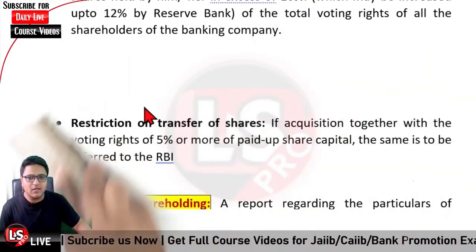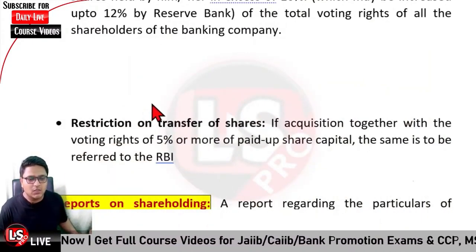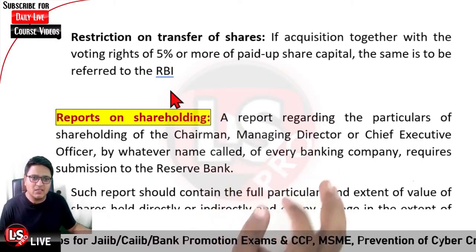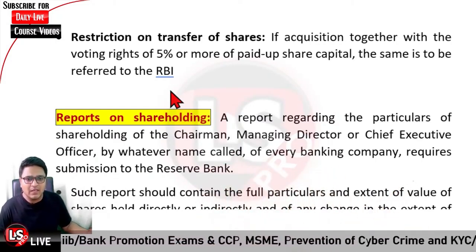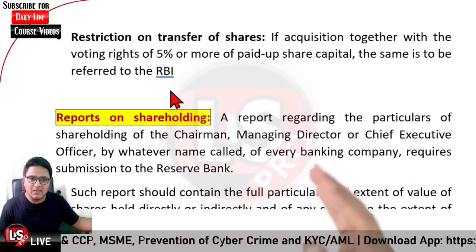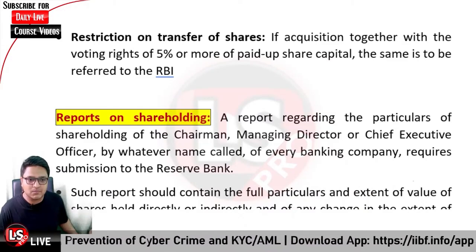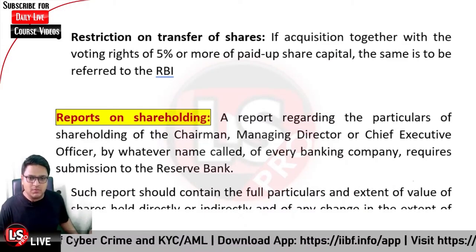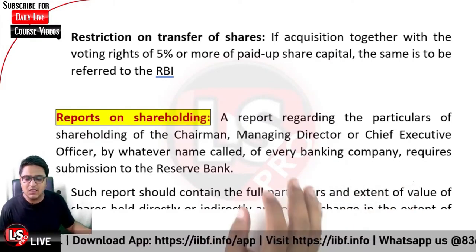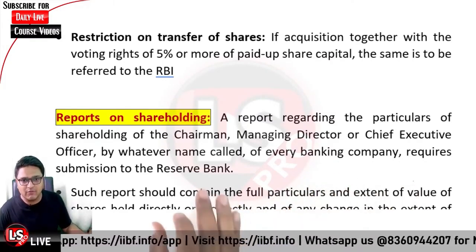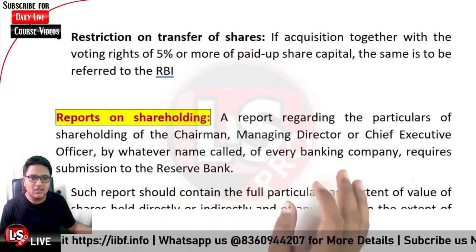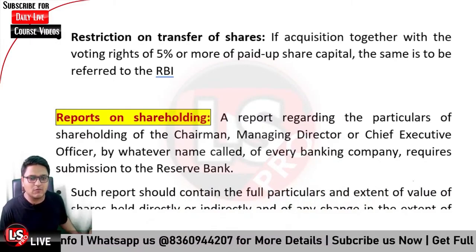Then it is regarding the reports on shareholding. If there is shareholding by the chairman, managing director, or CEO, in that case that report, how much amount of shares they hold, what is the proportion of the shares, what is the shareholding value, all that has to be reported to the Reserve Bank of India along with the particulars of shareholding.